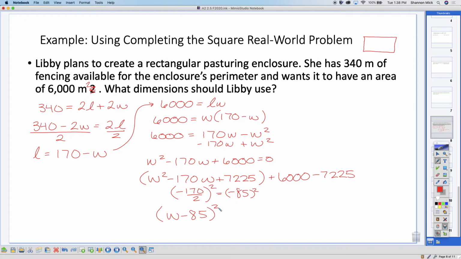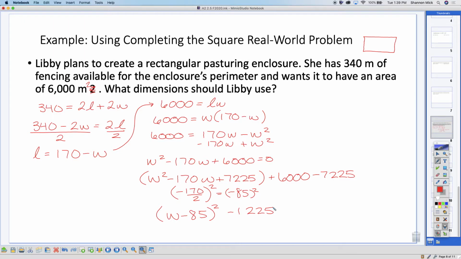Wait, shouldn't it just be 1,225 minus 1,000? Let's do 25. Subtracting. Oh yeah. Okay, I was just confused. I was making this an 8. Okay, yes, you're right. So minus 1,225. I made it 8,000 in my head.